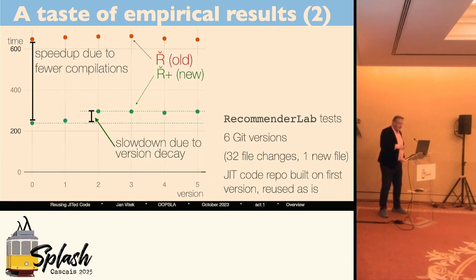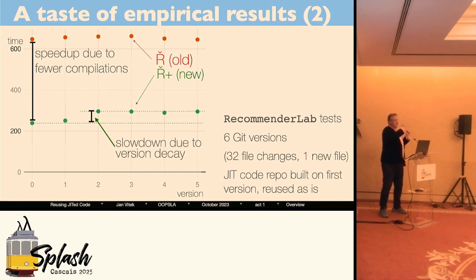Here's another experiment, which is interesting to me. We picked a well-known package in the ecosystem we are in, and we checked out 6 versions of the same package over a span of a year. And then we ran the system, built our code repository on the first version, froze the repository and kept it the same.